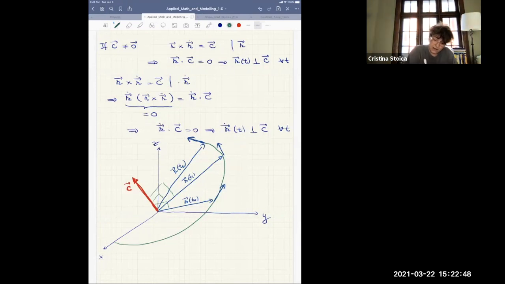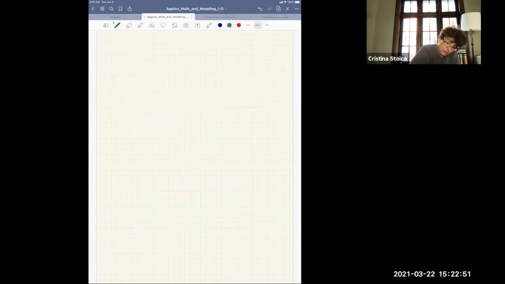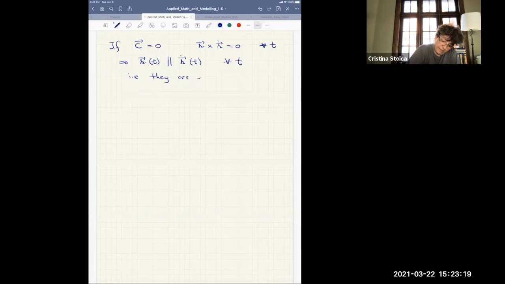So now we had also the case when this constant was 0. So we had R cross R dot to be 0 for all T. If it's 0, this is possible if and only if the vectors are collinear, so parallel, i.e. they are on the same line.